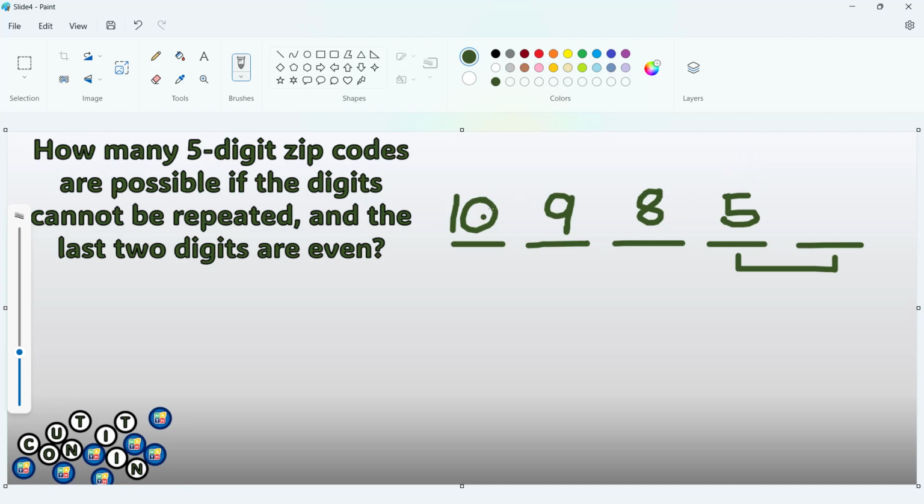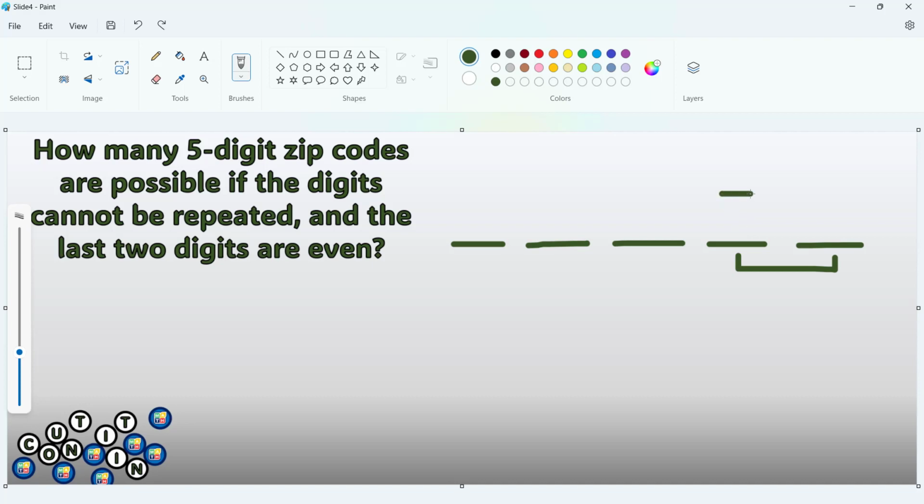But if odd numbers are used for the first 3, this can be 5. There are many possible situations for the 4th digit and the 5th if we start with the first digit. Again, we will start with this digit here. So generally, we are considering 0 as an even number. Let's just use that because that's a commonly used identification.